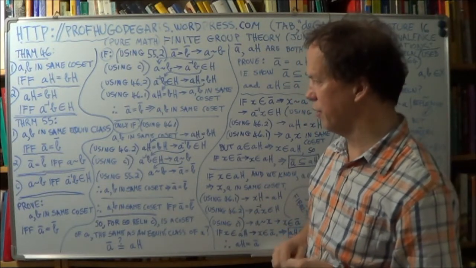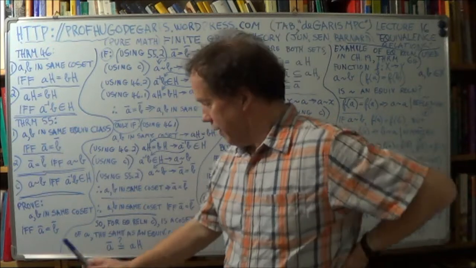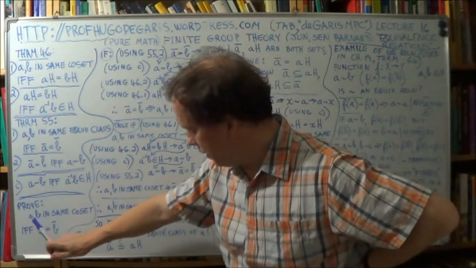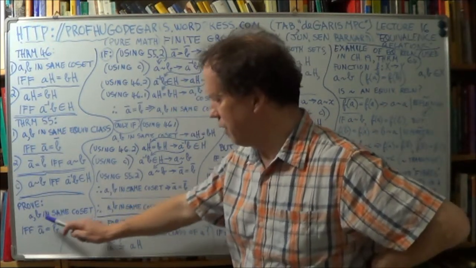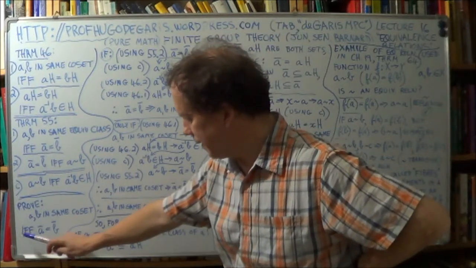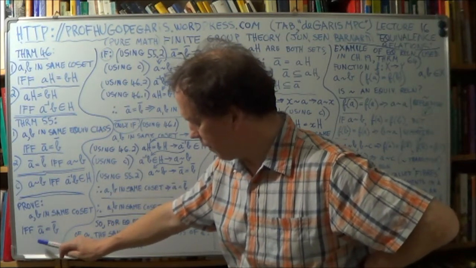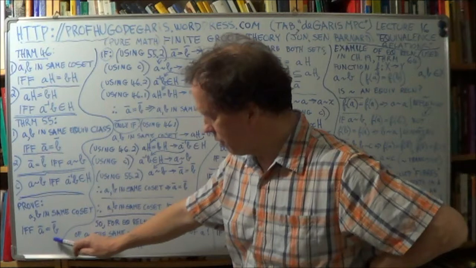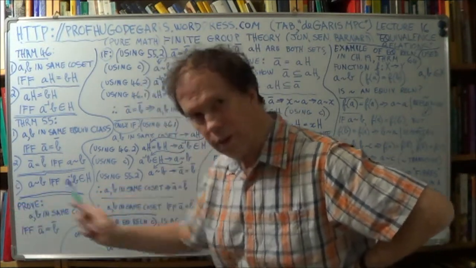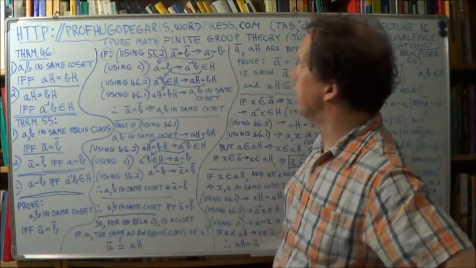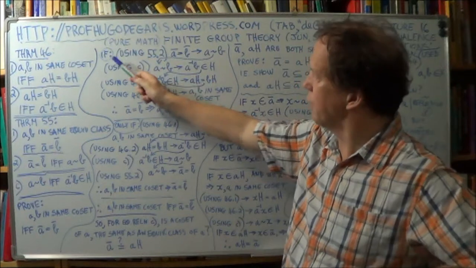So non-trivial. All right. Let's try to prove that if A and B are in the same coset, then the equivalence class of A is equal to the equivalence class of B, and the other way, because it's an if and only if. As usual, let's do the if case first.